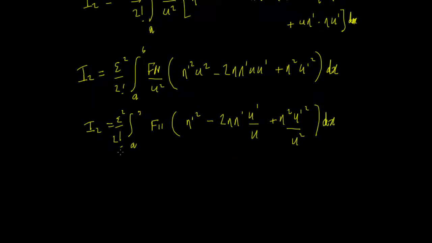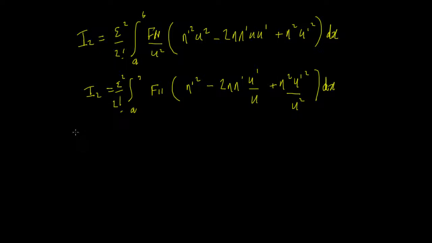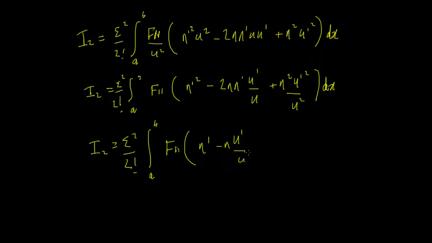And the reason for doing that is the final line is that we've completed the square, so we can then write that as I2 equals epsilon squared upon 2 factorial the integral from a to b of f11, and that's eta derivative minus eta u derivative upon u all squared by dx.